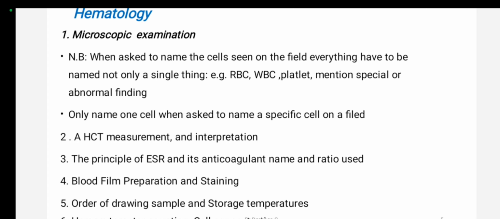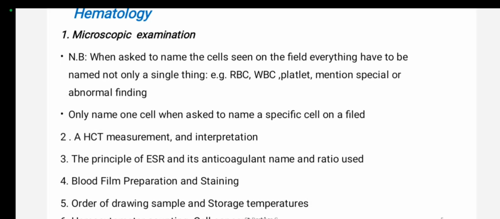If you have to draw blood with a vacuum tube from a certain patient, we have to state which one should be drawn first, for which section, for which kind of test, then next, and then after that. So we also have to know the storage temperature for every test. For example, we have to know the storage temperature for chemistry, for hematology, for bacteriology. So the storage temperature of each sample should be identified. So this is also very common in clinical practicum exams.